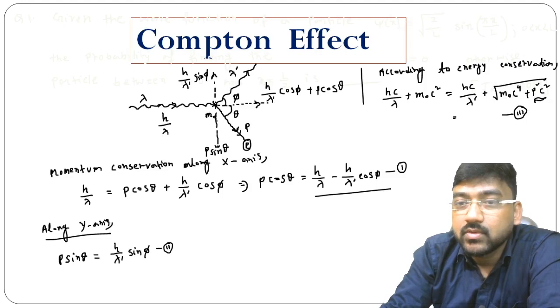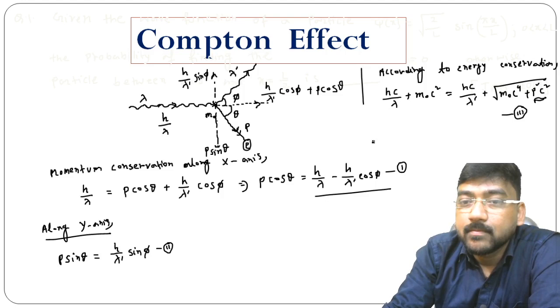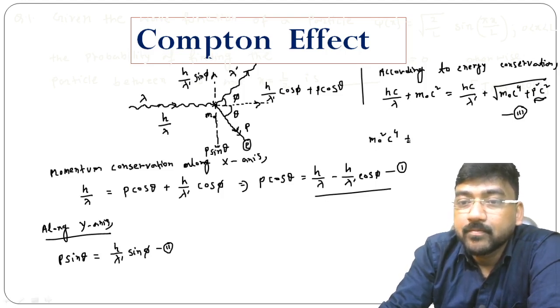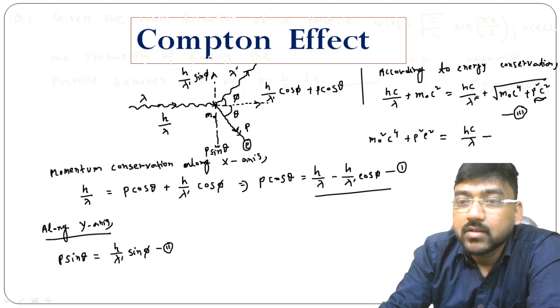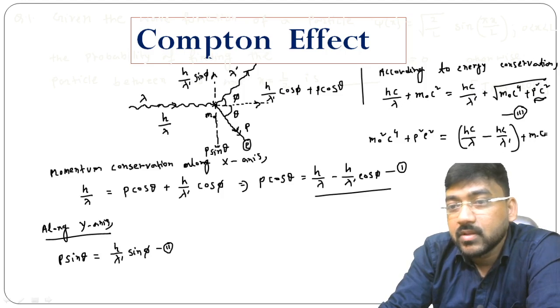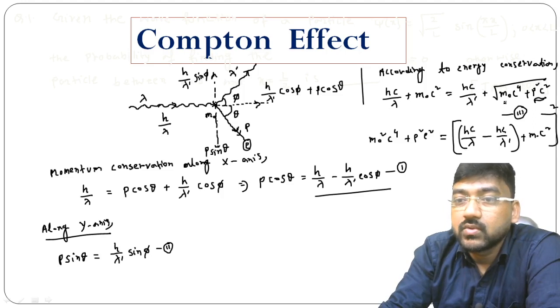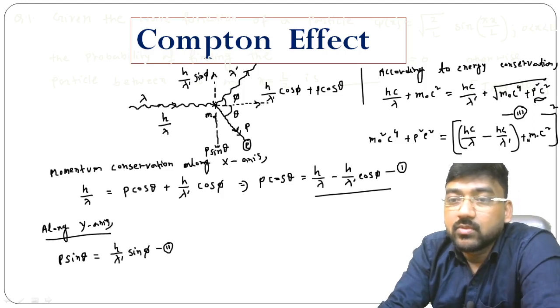So if you take m0 square c to the power 4 plus p square c square, and we take hc by lambda dash to the left side, it will be hc by lambda dash, whole square, this plus m0 c square, and square of this term. Because here is a root, so if you remove this root, you have to square both sides.